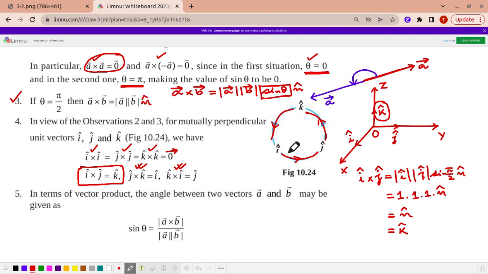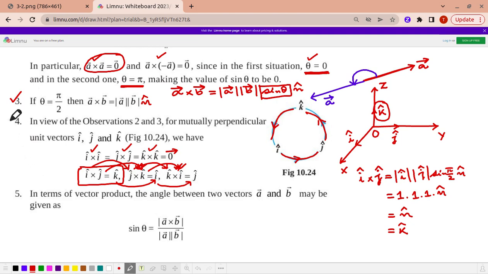That means if you replace i by j, j has to be replaced by k and k has to be replaced by i. Similarly, if j is replaced by k, then automatically k has to be replaced by i and i has to be replaced by j. To remember it easily, that circular system is explained there.